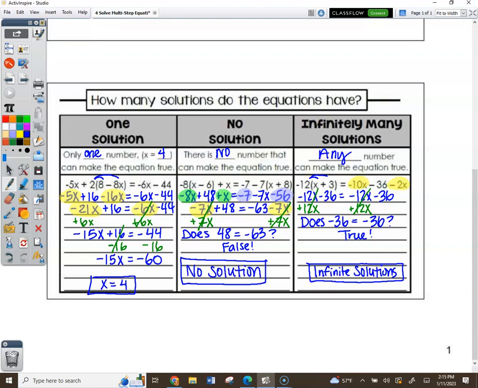I will go ahead and let you know one of the problems comes to no solution, and one of the problems comes to infinite solutions. All the rest of them have answers. Okay? This is not due tomorrow. This is going to be due by the middle of class tomorrow. Let me rephrase that. This is not due at the beginning of class tomorrow. It's going to be due by the middle of class.